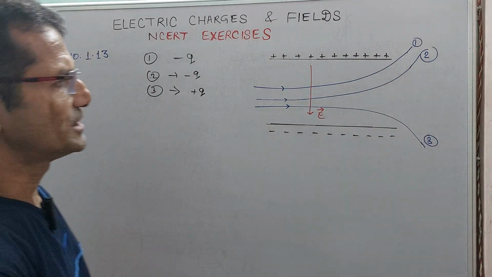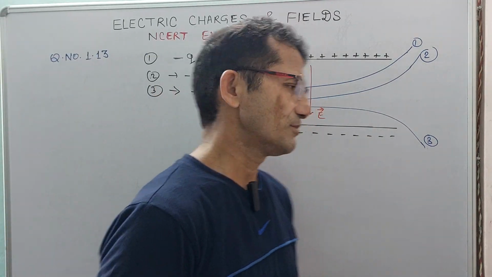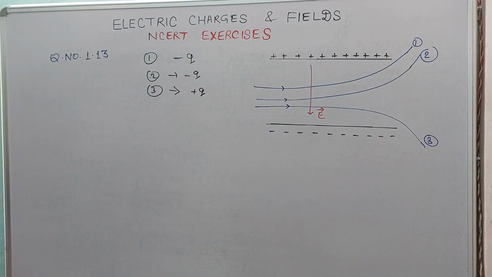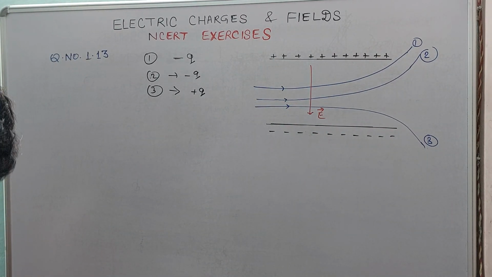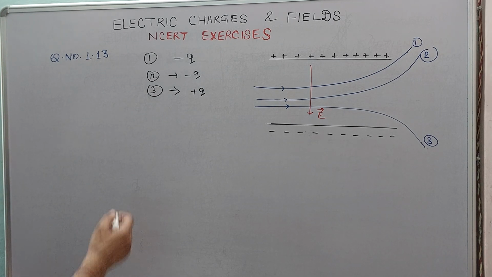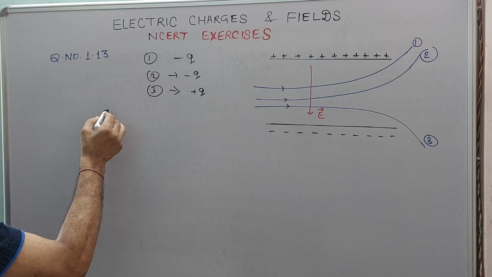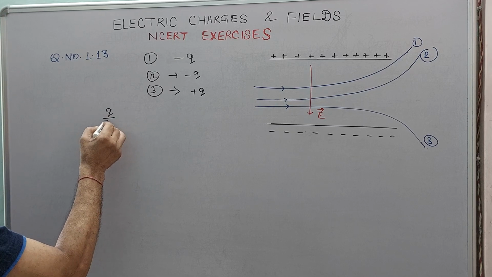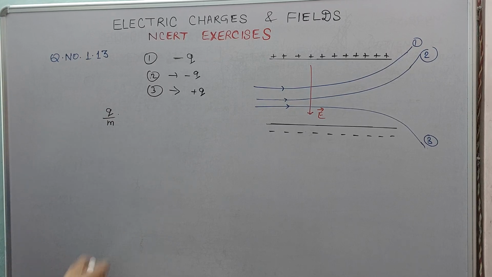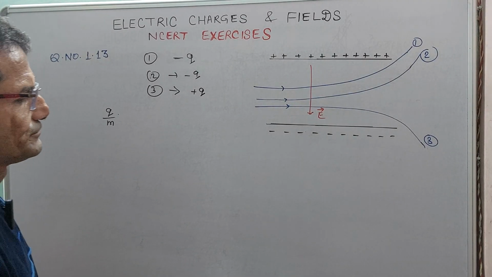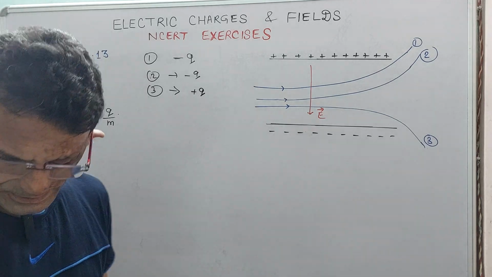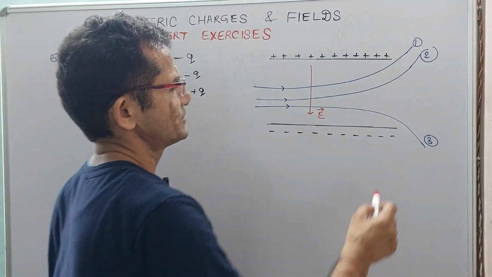Next we have to find out charge upon mass ratios. Suppose each has the same charge, charge by mass ratio. So we have charge divided by mass ratio, which particle would have the highest one. So this is our question. So make an x-axis, y-axis here.